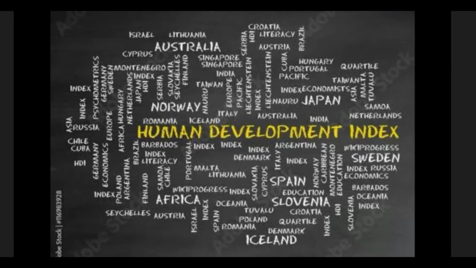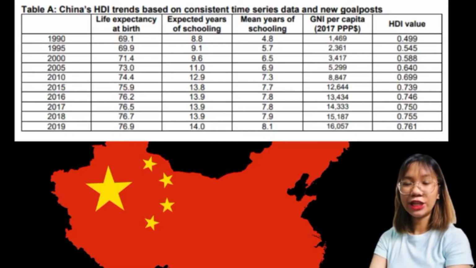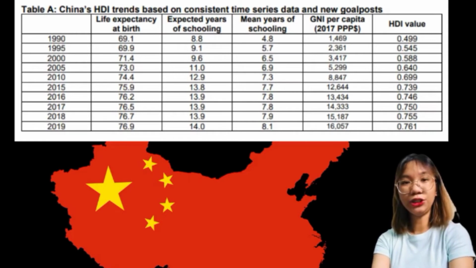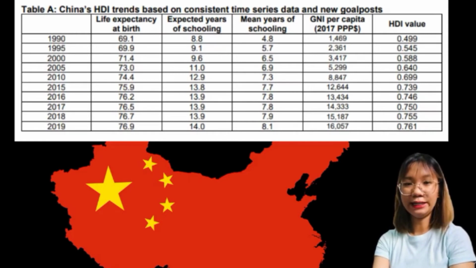Human Development Index. China's HDI value for 2019 is 0.61, which puts the country in the high human development category, positioning it at 85 out of 189 countries and territories.